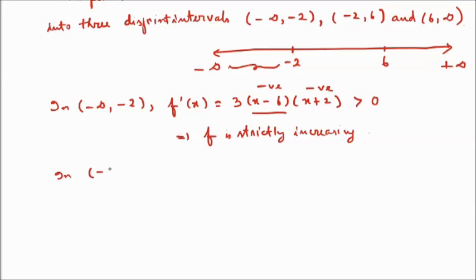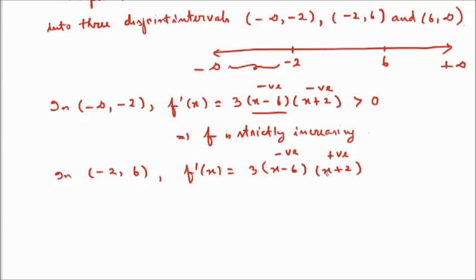In the interval minus 2 to 6, what will happen to my f dash x? You can clearly see that x minus 6 will become negative and x plus 2 will be positive.